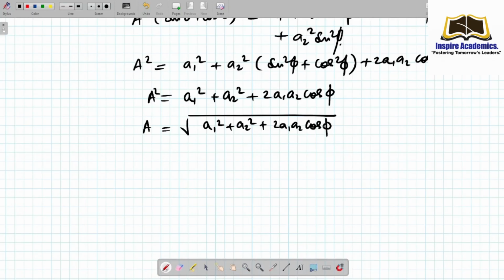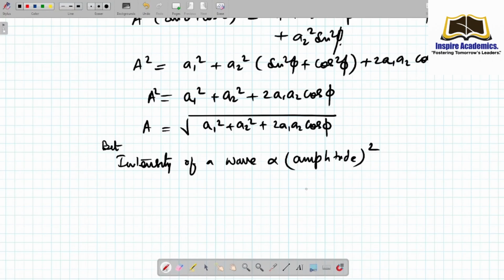So you see, I got the amplitude of the resulting wave after superposition. Okay, and if I have to actually write in the format of intensity, then remember, intensity of a wave is proportional to its amplitude square, or we can say intensity I is proportional to amplitude A square, which means I can easily write I is equal to k A square, where k is a constant.